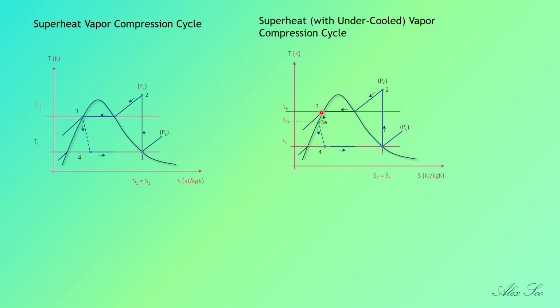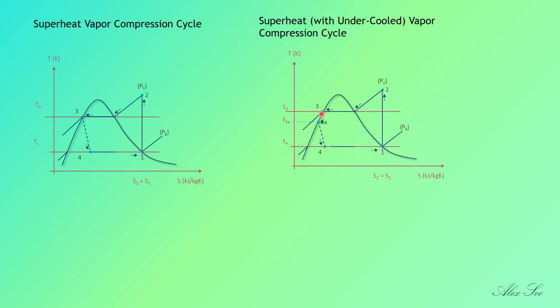So if we want to find H3A, we will have to look at the undercooled temperature, or the subcooled temperature. Sometimes the questions will tell us that the temperature is undercooled by 12 Kelvin, or 10 Kelvin, or 5 Kelvin. So you need to take the saturation temperature of the refrigerant at the condenser pressure minus the degree of undercooling.